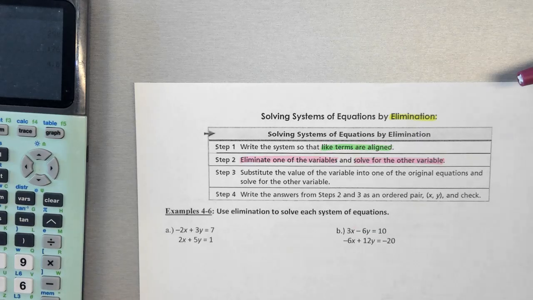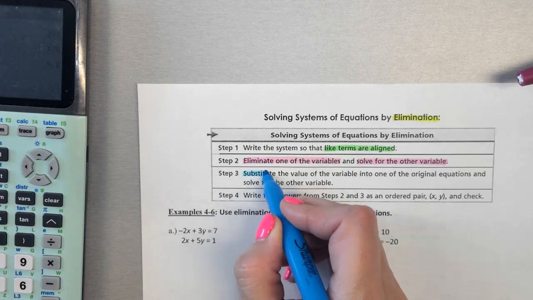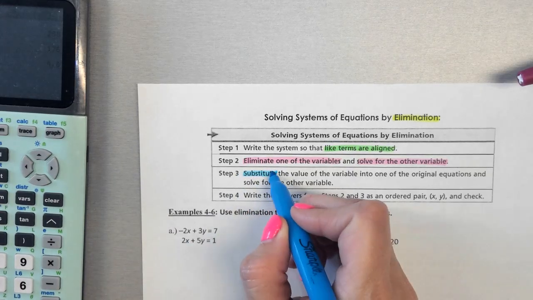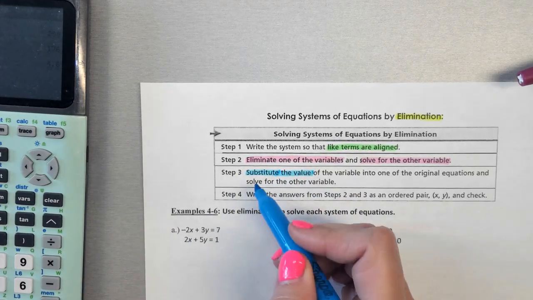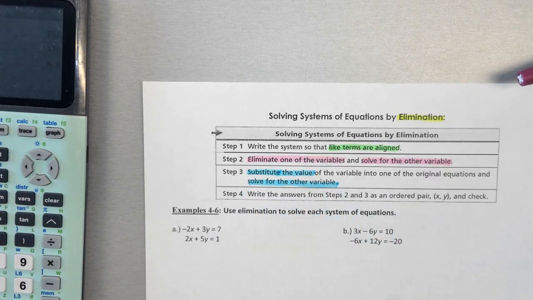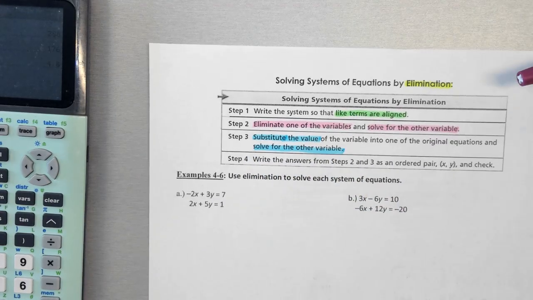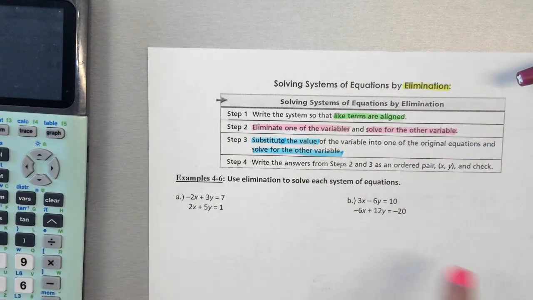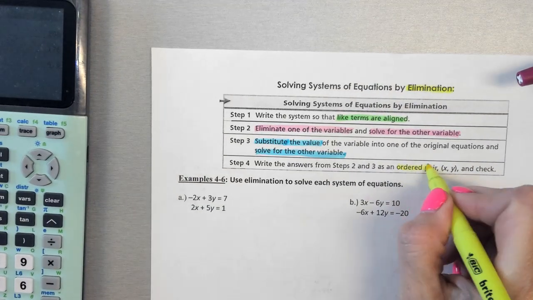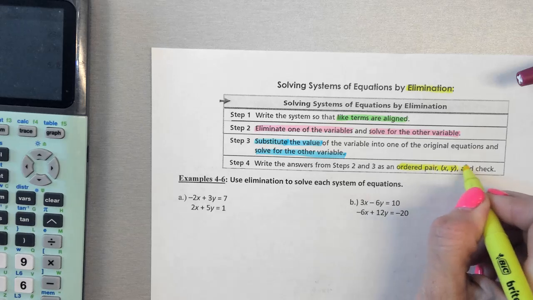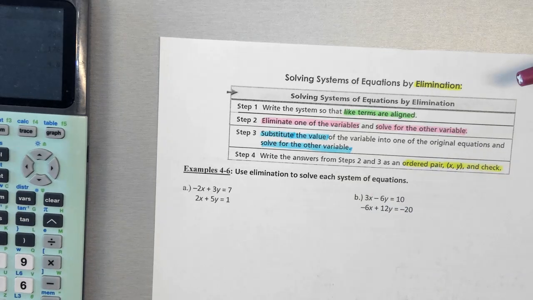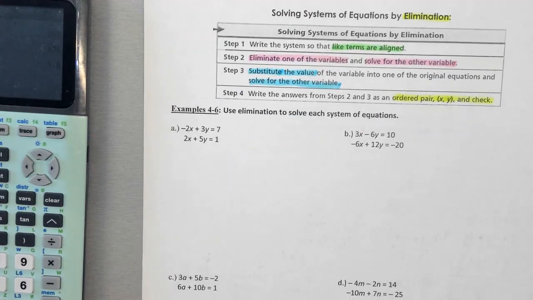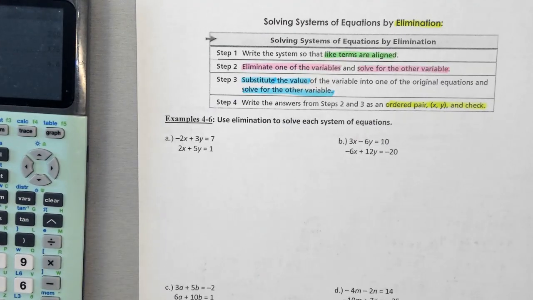This method also includes substitution, because once you find one of them, you are going to substitute that value back into one of the original equations to solve for the second variable. Then for all of these, you are going to write them as an ordered pair, and you have the option to check that. Again, feel free to do that mental math. The check is not something that you have to write down for here.